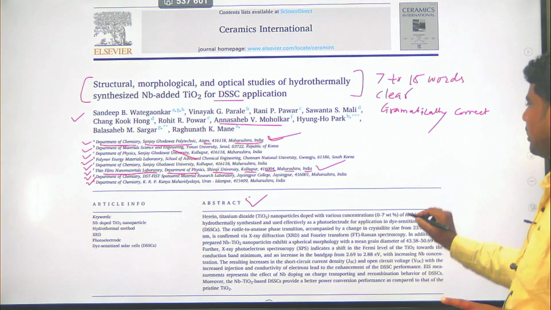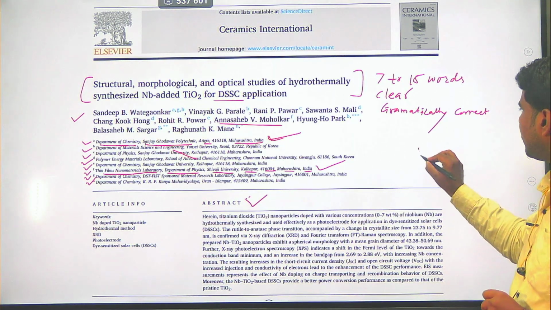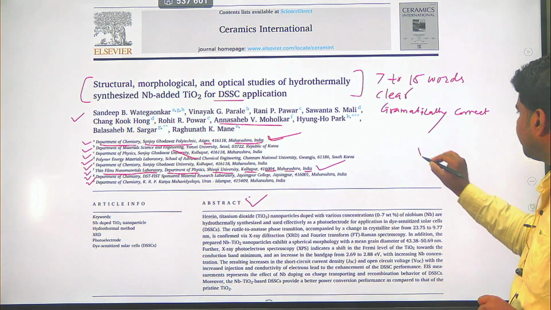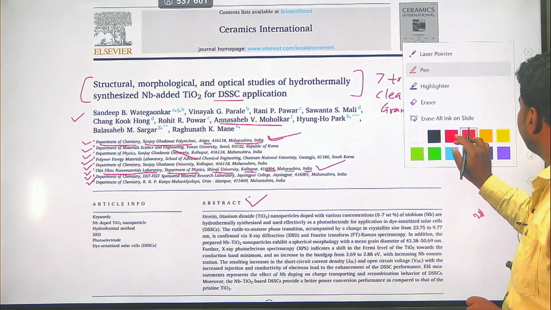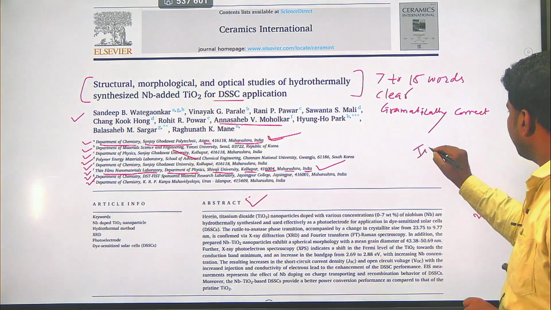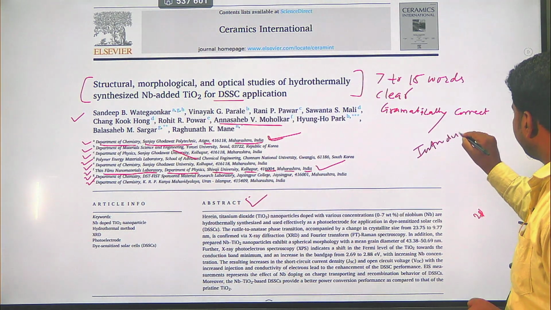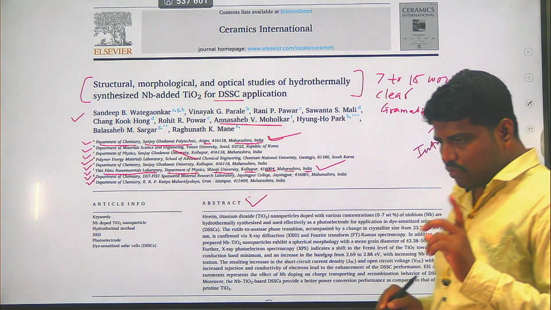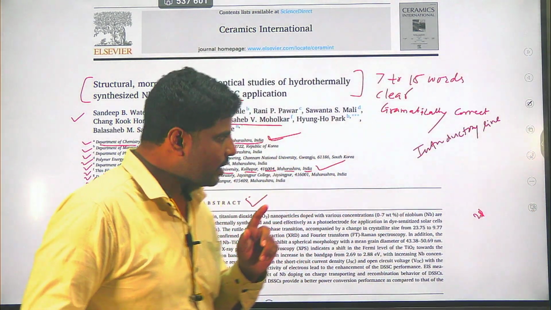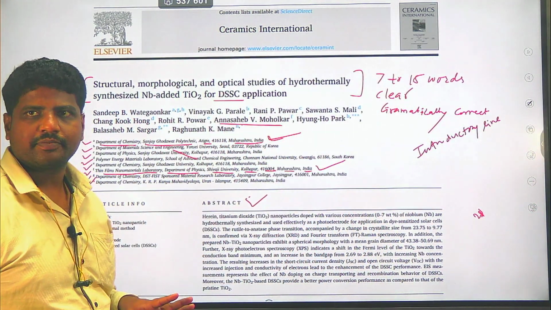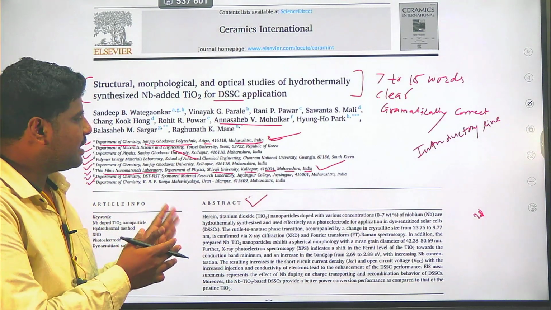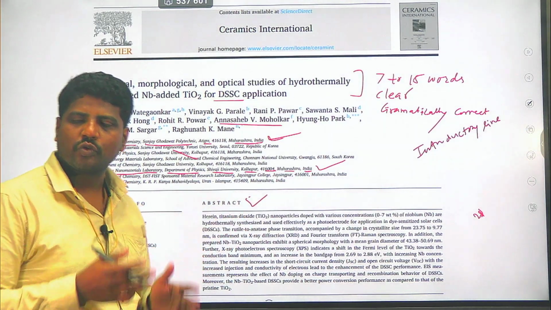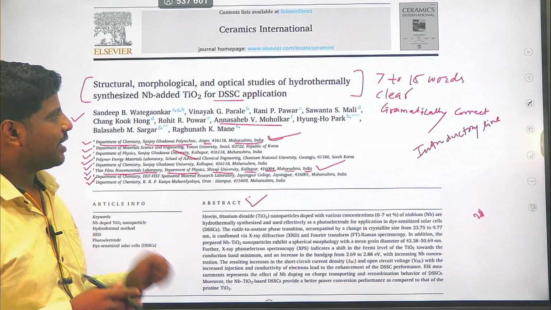First, in the abstract, we should write the introductory line. Introductory line means within one or two lines, you should write what exactly DSSC is and what exactly the research is that you have conducted in the laboratory.